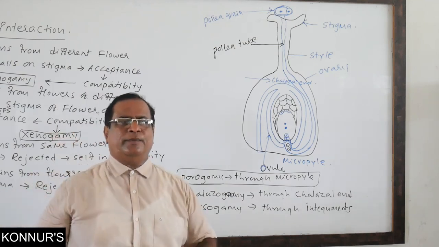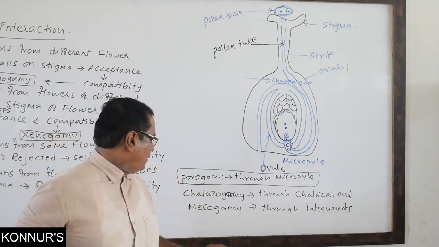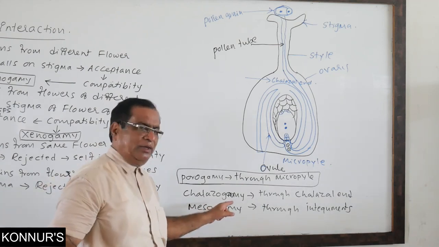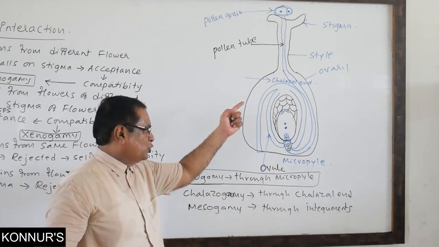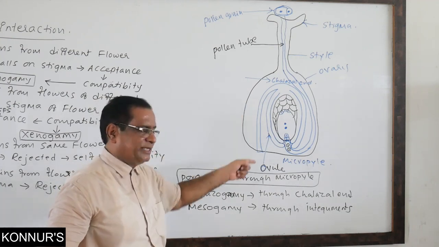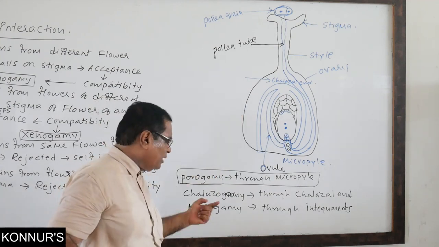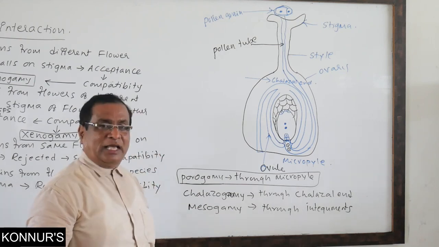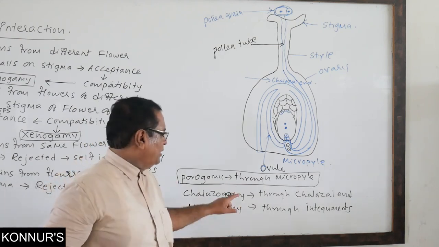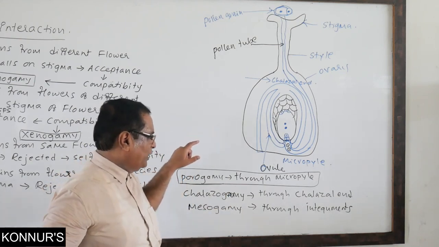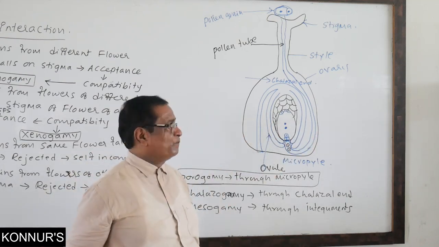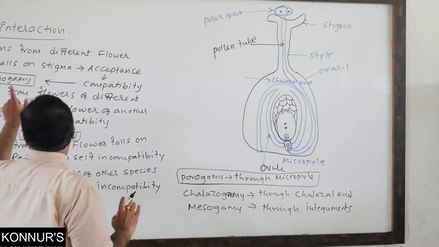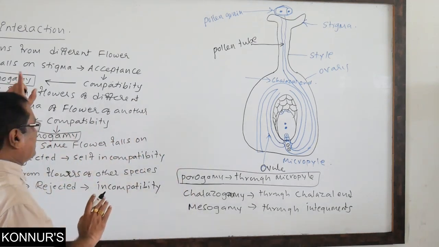That is very common in all the plants. But chalazogamy rarely occurs. The pollen tube may enter directly from the chalazal end. Even mesogamy is also very rare, if the pollen tube enters through the integuments. That is mesogamy. And I have given the heading pollen-pistil interaction.